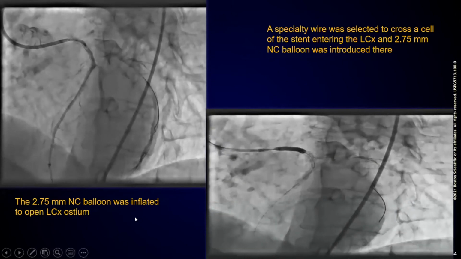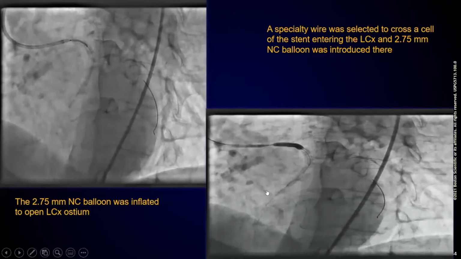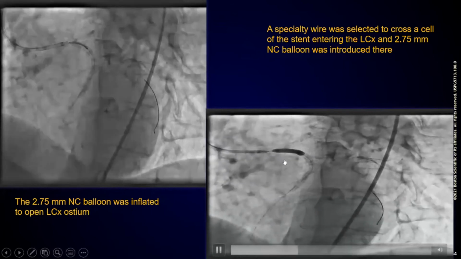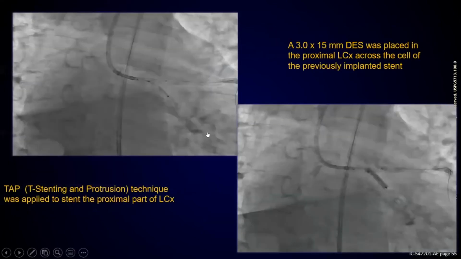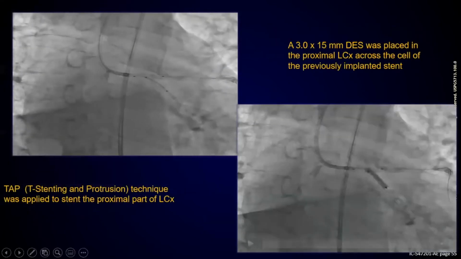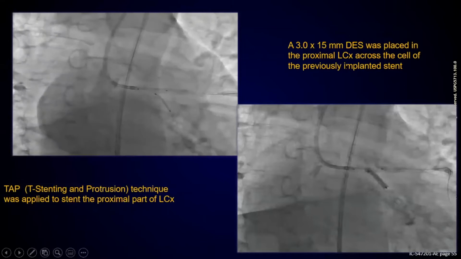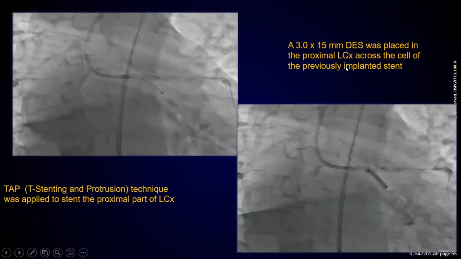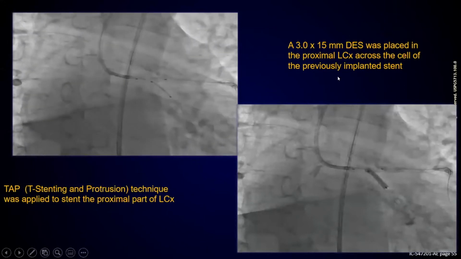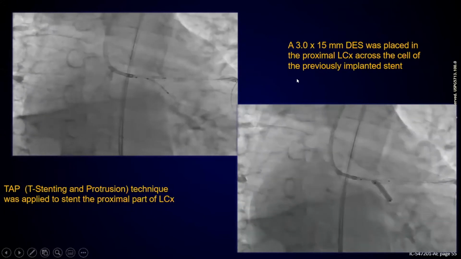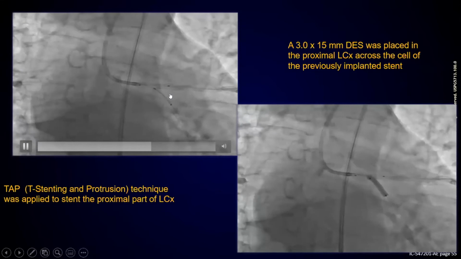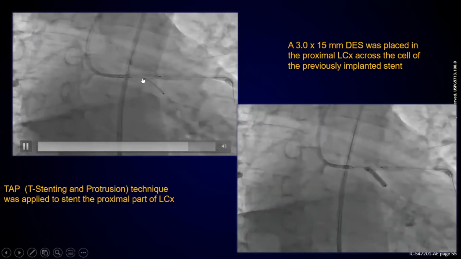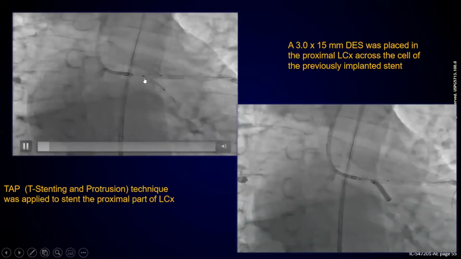That was inflated at about 16 atmospheres. Then a 3.0 into 15 millimeter drug-eluting stent was placed in the proximal circumflex across the cells of the previously implanted stent. So we made enough hole through the struts, which allowed us to put a stent through.